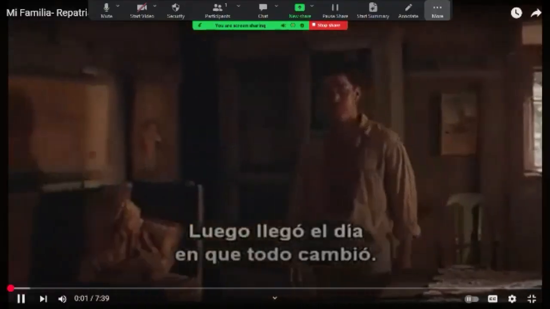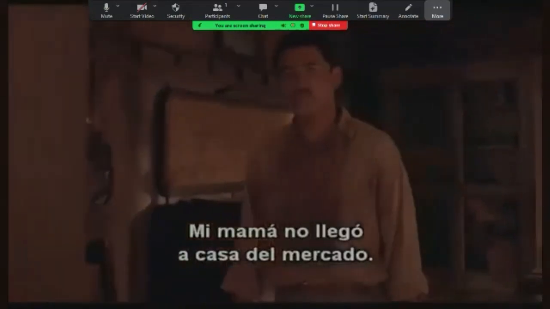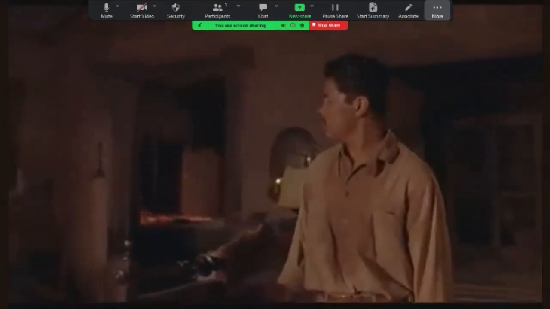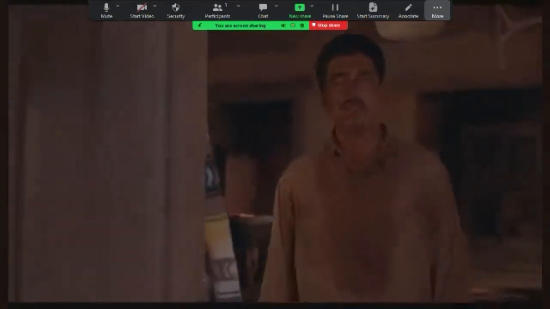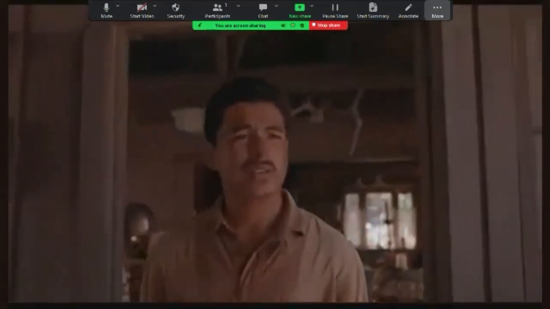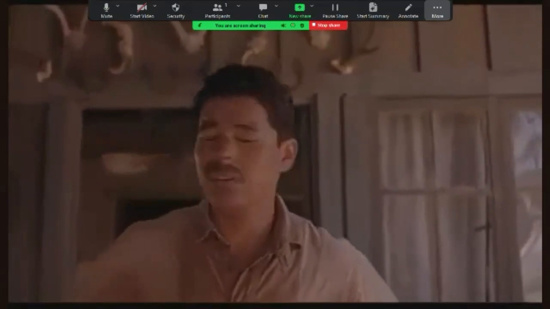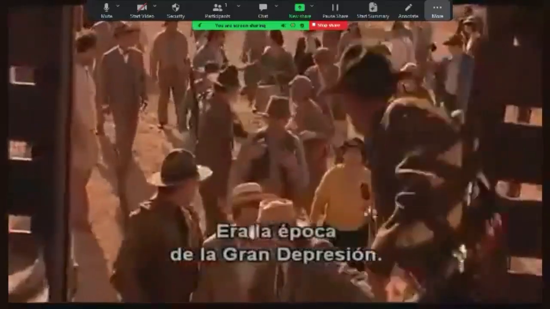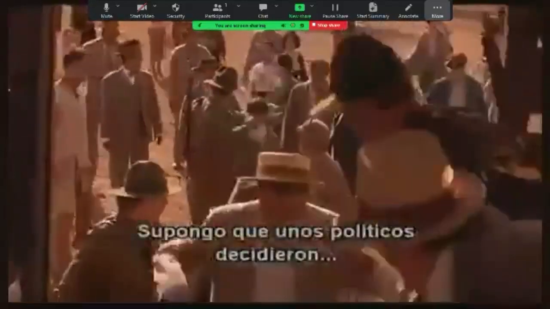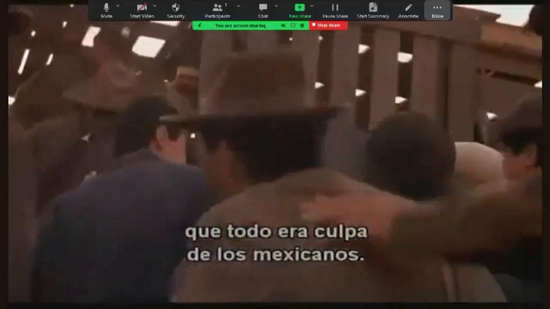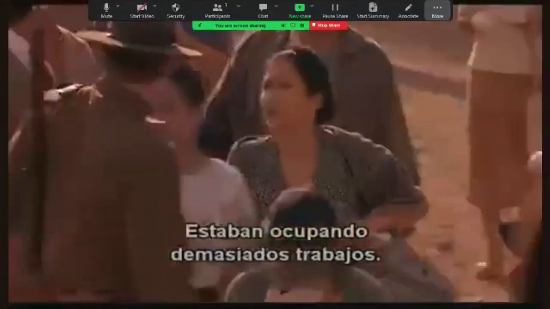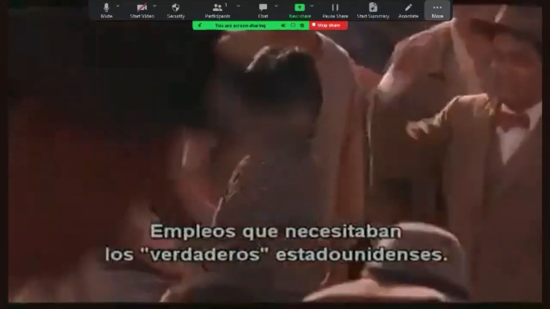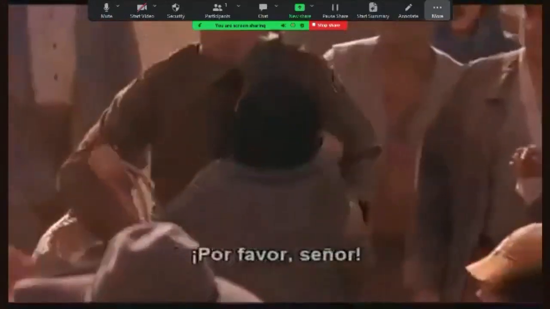Then came the day everything changed, when my mother didn't come home from the market. It was the time of the Great Depression. I guess some politicians got it into their heads that the Mexicanos were responsible for the whole thing. I mean, they were taking up a lot of jobs. Jobs that were needed for what they call real Americans. I have to get home to my children. Por favor, señor, please.